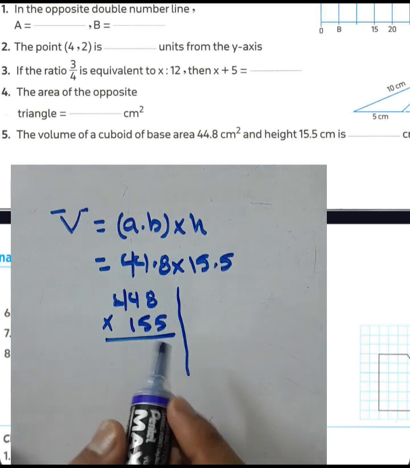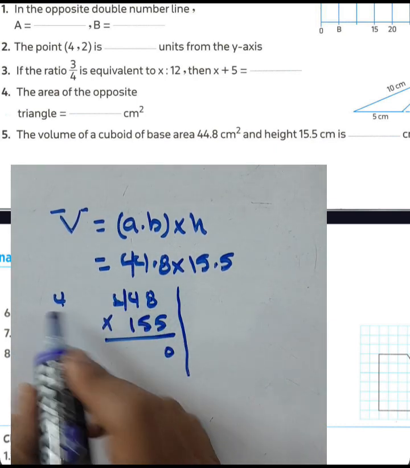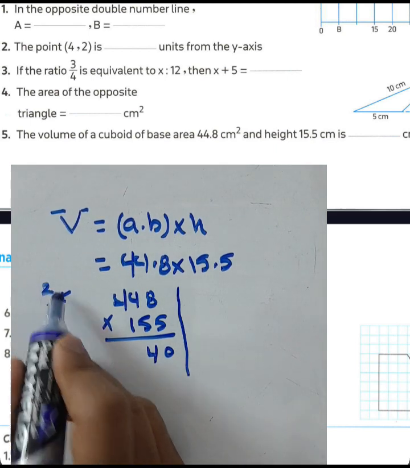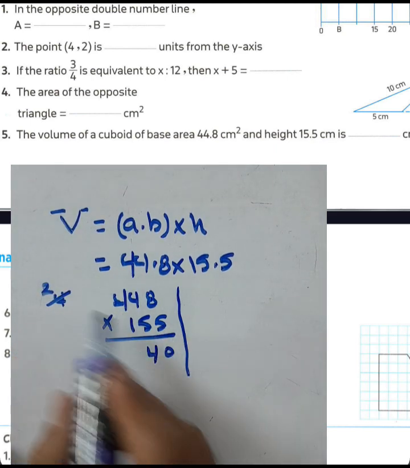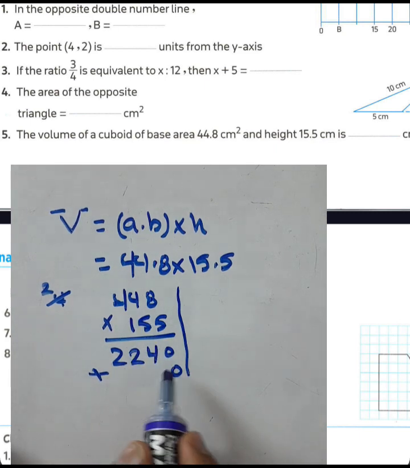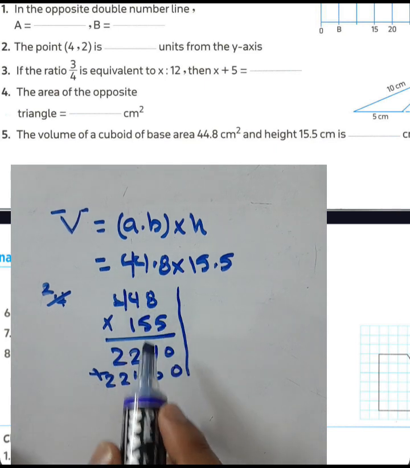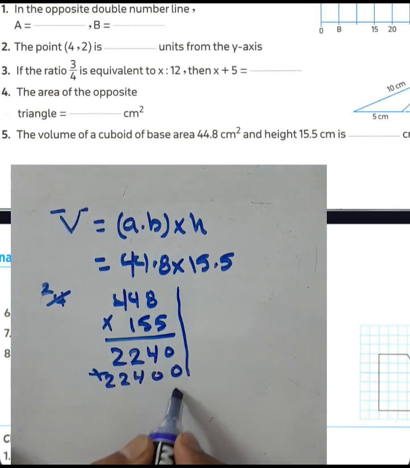5 times 8 equals 40, write 0 and carry 4. 4 times 5, 20, 20 plus 4, 24, write 4 and carry 2. 4 times 5 equals 20 plus 2 equals 22, and write 22. So 5 times this number will be 2240, and then write double 0.